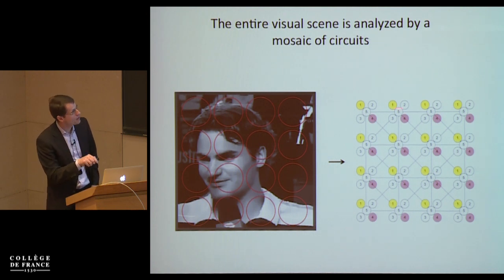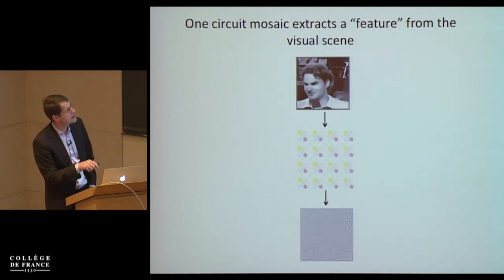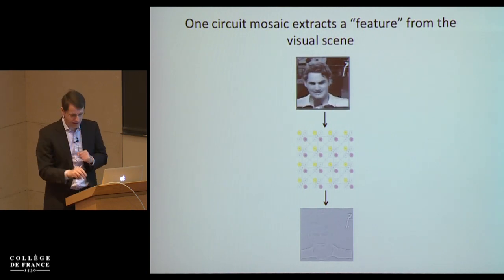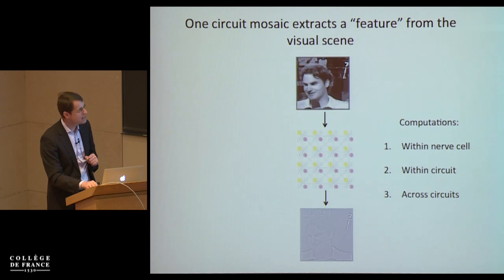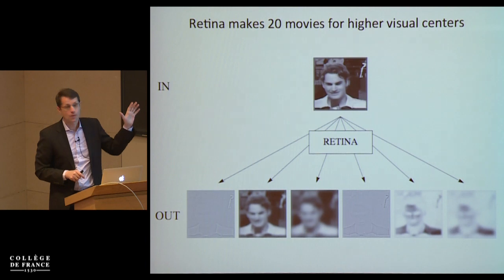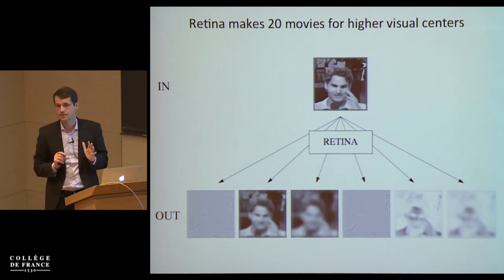And this mosaic of circuitry is the fundamental unit of the retina, which looks at a visual scene and extracts a particular feature. And your retina has approximately 20 such circuitries. So you have 20 representations of Federer's face, of my face, or any face you're looking at.